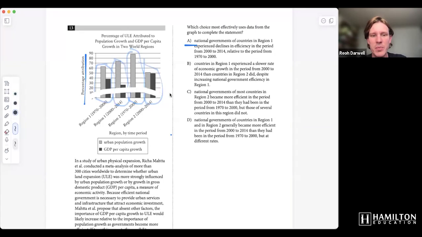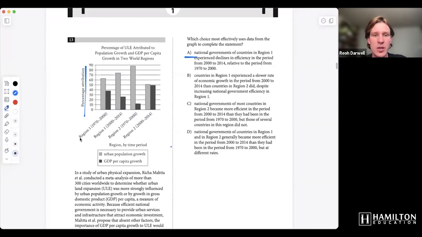It basically means between region 1 and region 2, it is asking to what degree does ULE, okay, what does ULE mean? Land expansion, urban land expansion. Is that attributed to either increases in GDP, so how much production per person, or is that attributed to population growth?